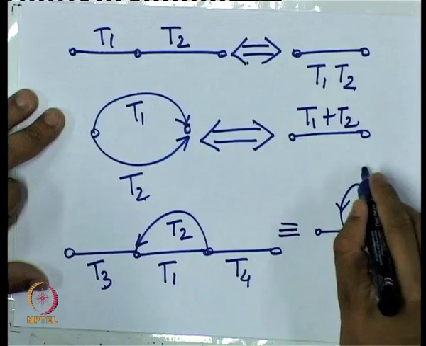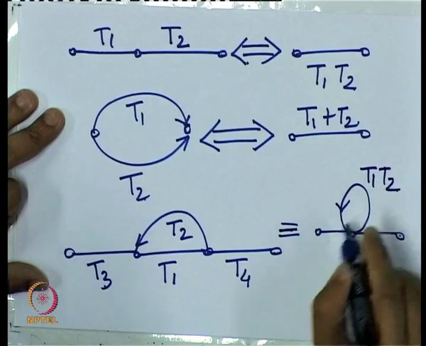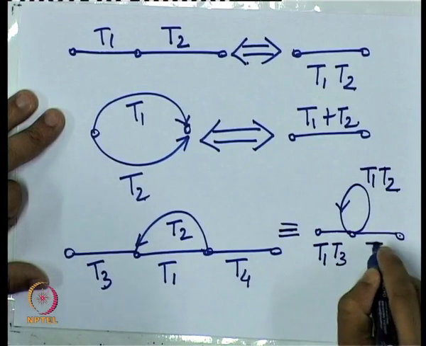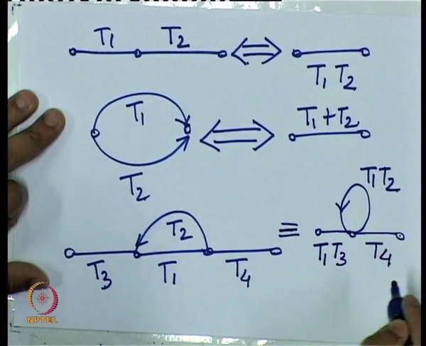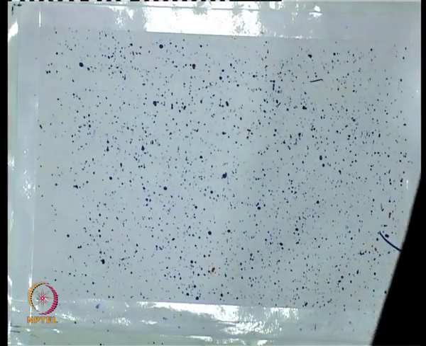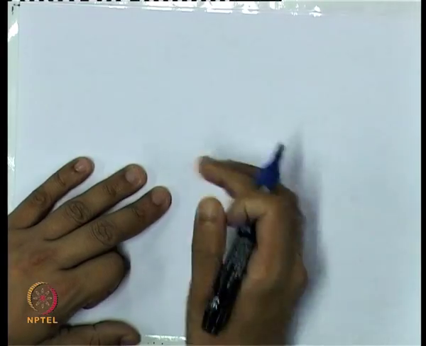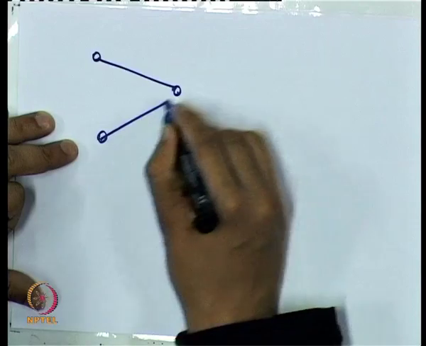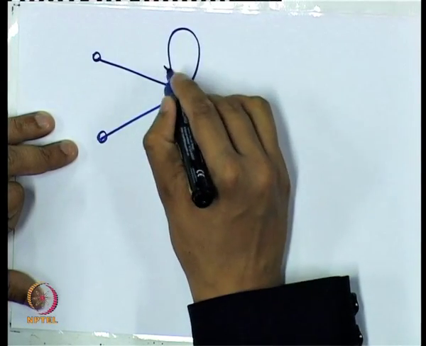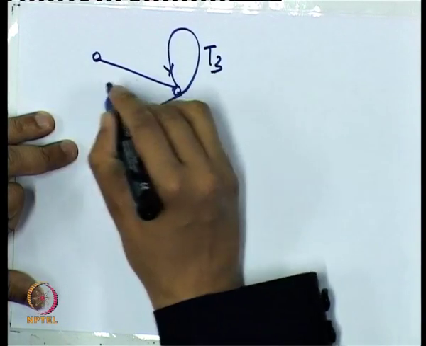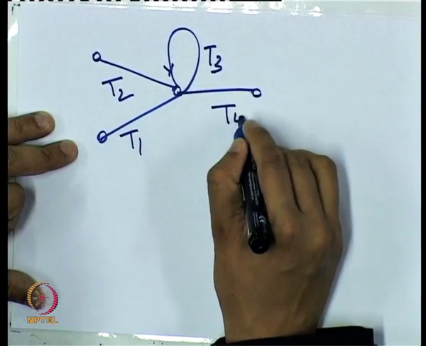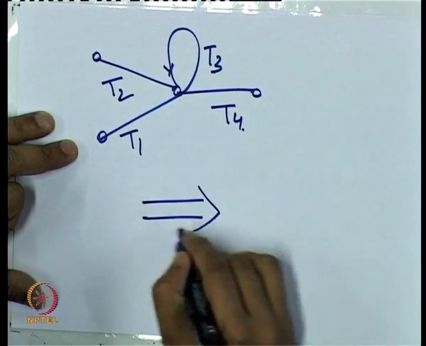So, here we have a loop with magnitude T1, T2, and finally, if we have a loop like this, then that is equivalent.